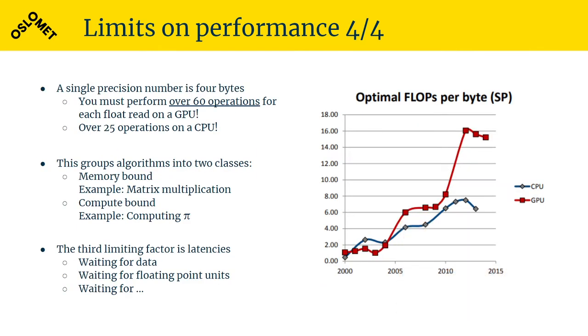Now, if you have a single precision number, and you're looking at the optimal ratio of how many operations you have to do with it when you bring it into your GPU or your CPU, it's quite devastating. For each single precision number you read into your GPU, you should perform over 60 operations with it.